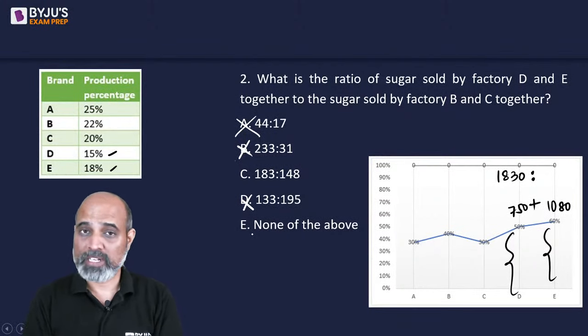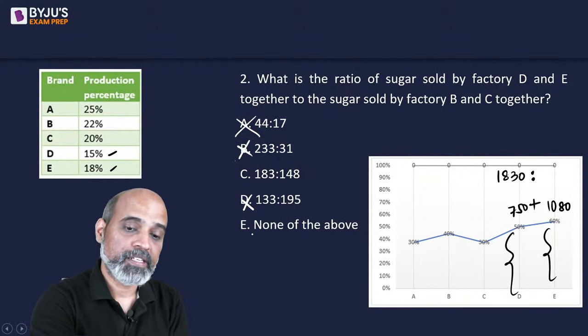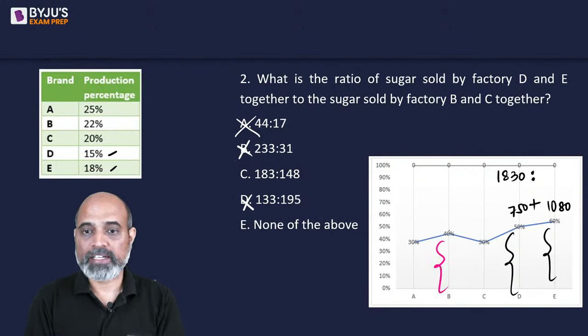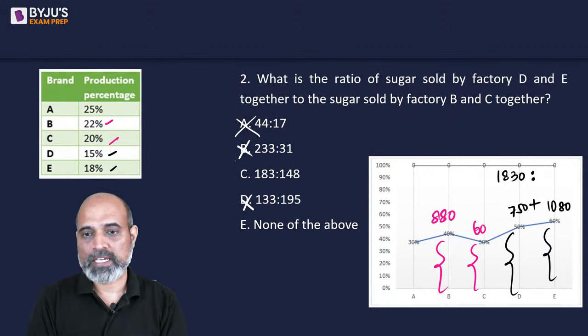Unfortunately, we have the option E, so we will have to go ahead and check for factory B and C together as well. So B का calculate करते हैं. It is going to be 40 into 22, which is 880, and 30 into 20, which is going to be 600. The sum of these two is going to be 1480.